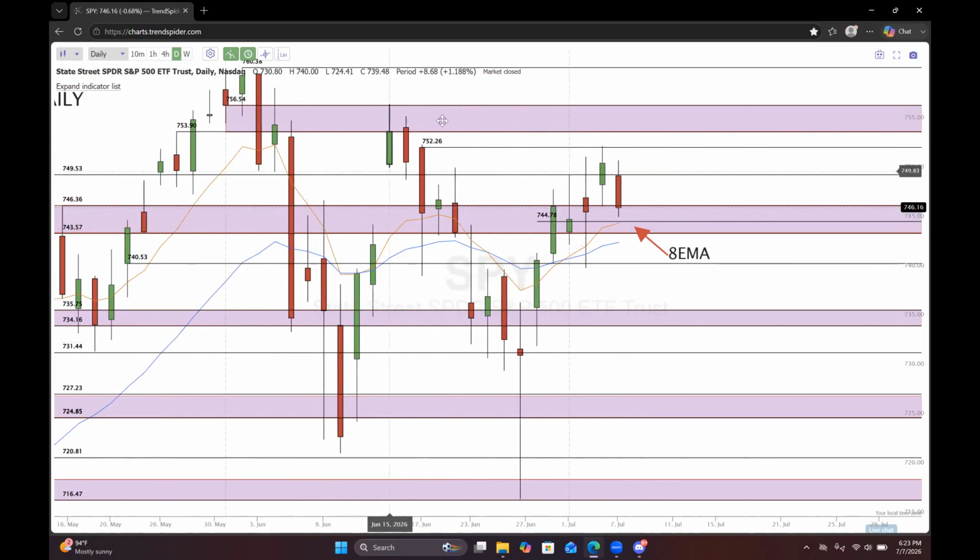So we know as long as we hold above that 8, the highest probability is we stay bullish, right? We're above. The 8 has crossed the 21. We are continuing higher. What are we doing here from these lows? Higher highs, higher lows. What is that? That is a bull trend. We are still in a bull trend. We created a higher low here. So there is your confluence.